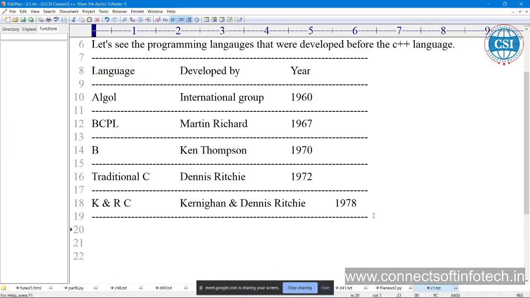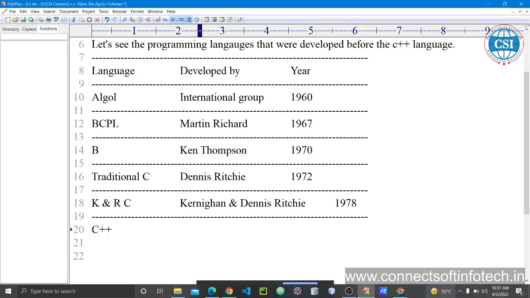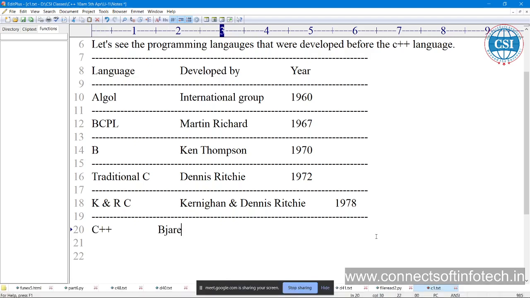Next, after that, C++ is born. And now object oriented programming is born, that is what? C++. Who developed C++? Bjarne Stroustrup. When?